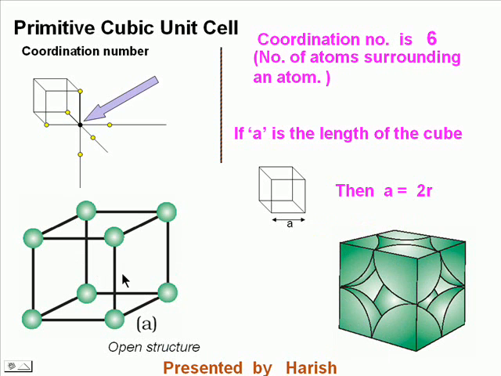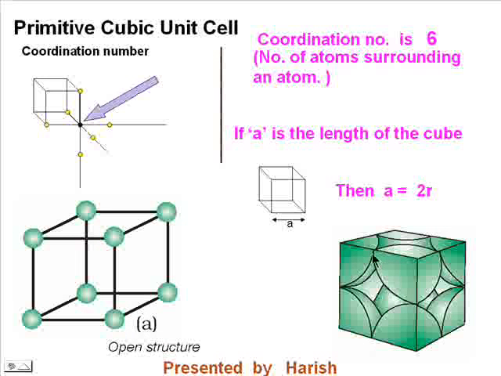In the open structure, we write the centers of the spheres only. We don't draw the whole sphere because we want to see the geometry of this structure. This doesn't mean these two will not touch each other. Actually, this sphere which is at this corner and this sphere at this corner are touching each other.